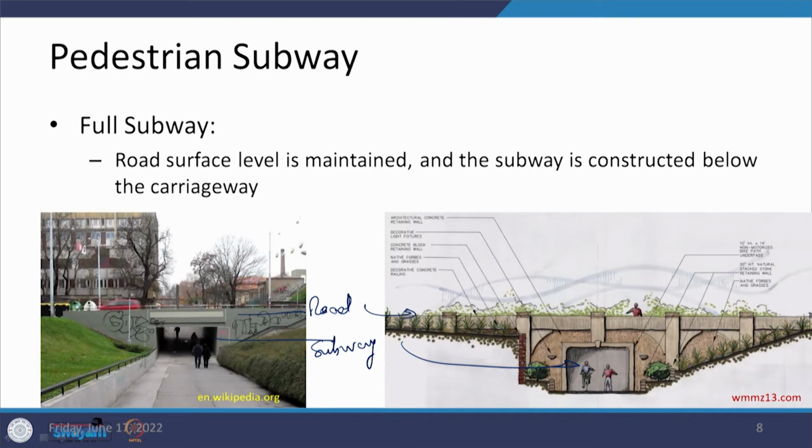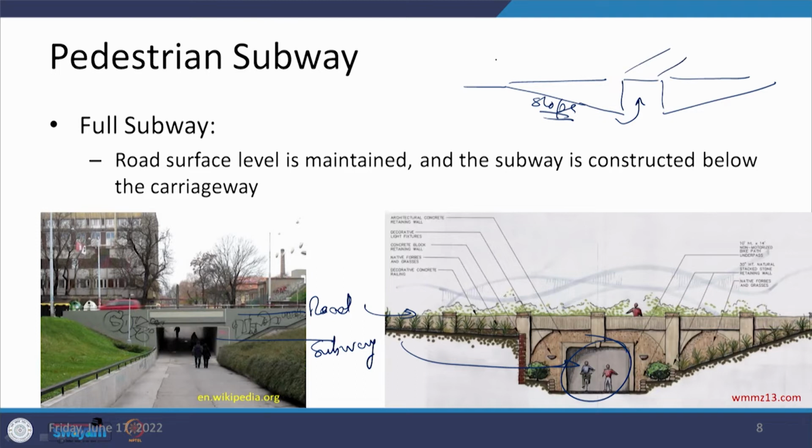For that reason, if you are going down, it may happen that from this level we have to go down, and here then we may have a subway, and then again this. So, there is going to be a slope or a ramp so that the pedestrians or even the bicyclists, whosoever are going to use this subway, can go down and then conveniently use this path to get to the other side. So, that is what may happen.